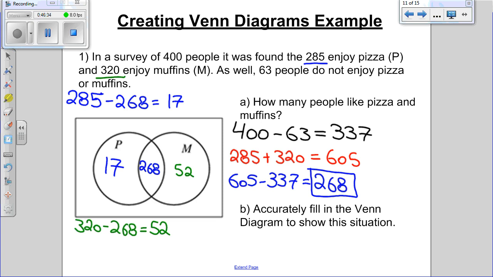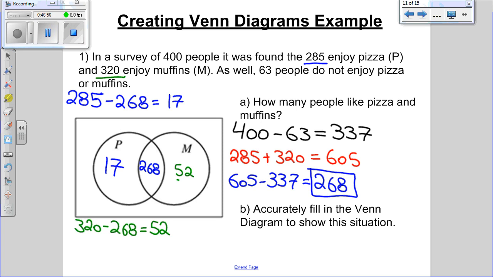That's the number of people who like both, the number of people who like muffins, and the number of people who like pizza. Are we missing something? We're missing 63 people. That's the people who didn't like either, and you need to include them in your universal set.